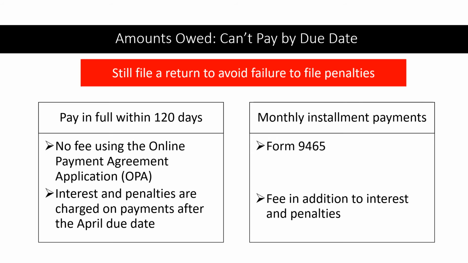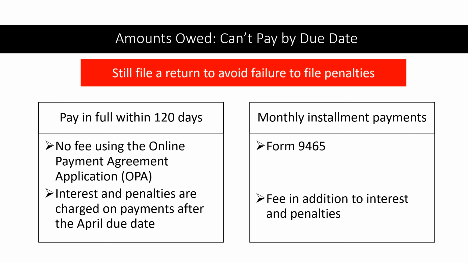So it's really important to emphasize with our taxpayers that they still need to file a return, because there are failure to file penalties that are quite steep. So even if they can't pay by that due date, still file the return.